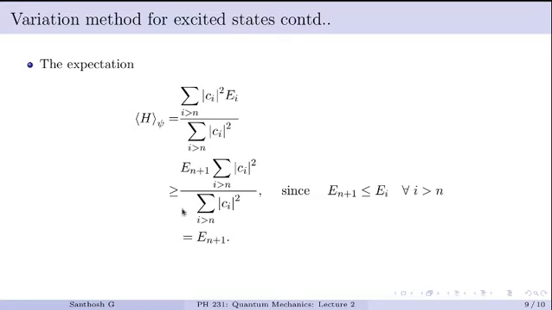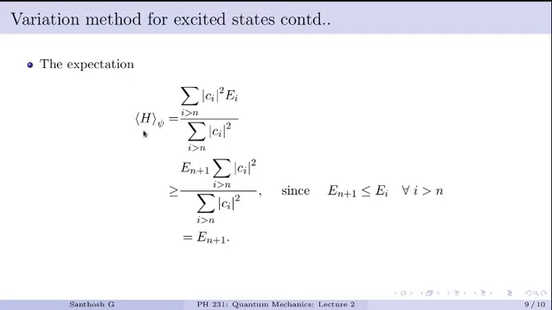Now, this summation that we see in the denominator is in fact the norm square of our trial wave function, and obviously it is non-zero, and therefore we can divide this factor in the numerator by this factor in the denominator, and they get cancelled, and the result is En plus 1.